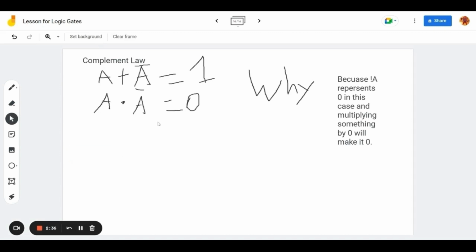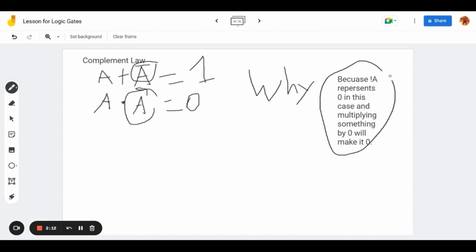So again, in summary, if you haven't understood the first time, in complement law, basically, if you have a A and a NOTed A right here, as you can see, when you add it together, it would just equal 1. And as I explained right over here, if you multiply, it equals 0.